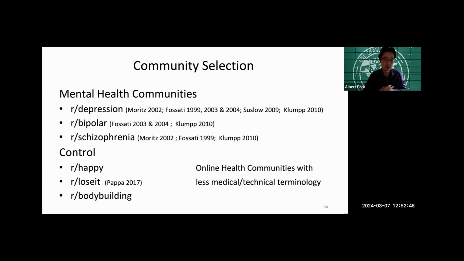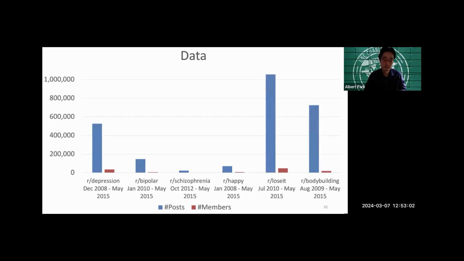I selected lucid and bodybuilding because I wanted online health communities with less medical and technical terminology. Again, this is a sizable data set, and the two new communities were actually larger than the depression community.